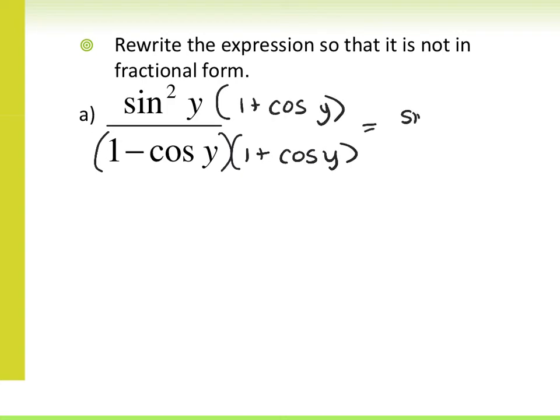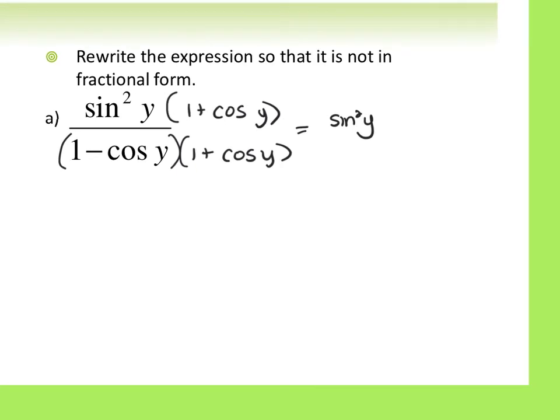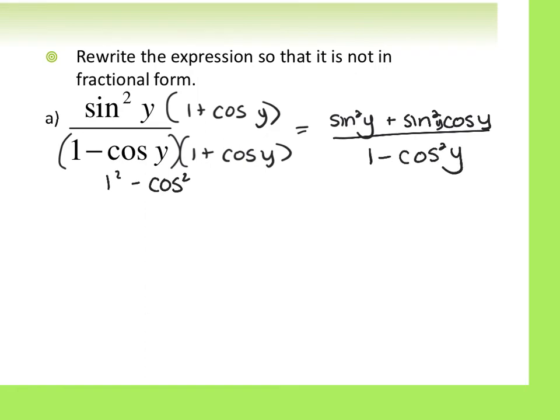And I get sine squared y plus sine squared y cosine y over, this is a squared minus b squared, so 1 minus cosine squared y. Then what? What's 1 minus cosine squared? Sine squared. So I can say sine squared y minus sine squared y cosine y over sine squared y.